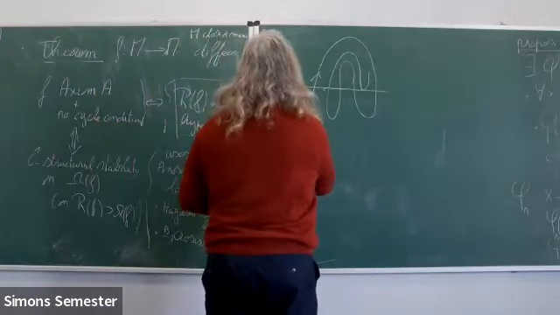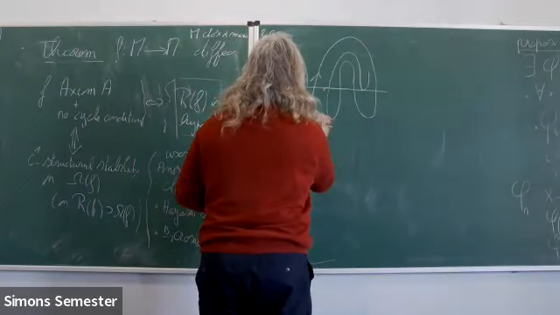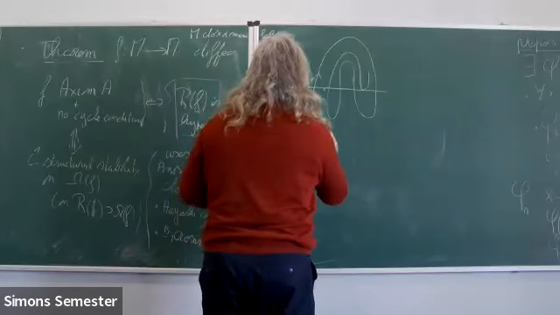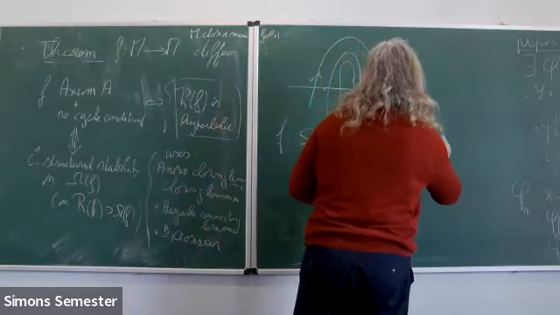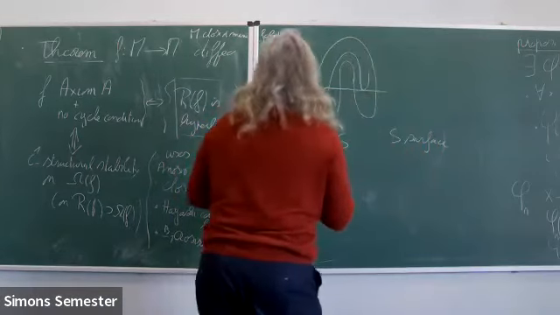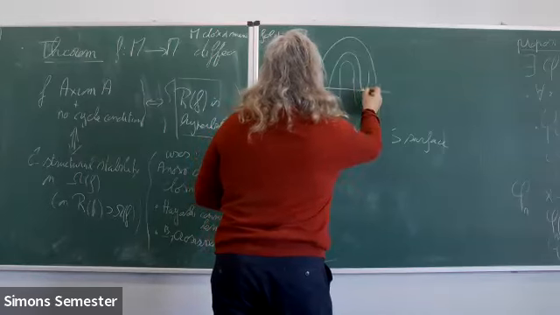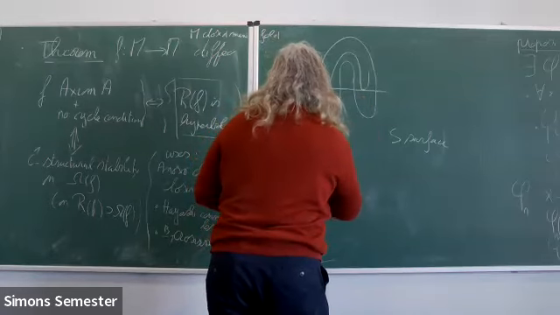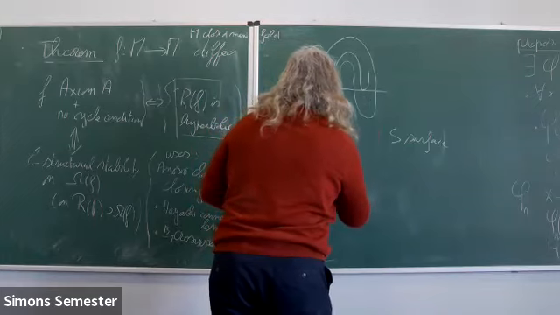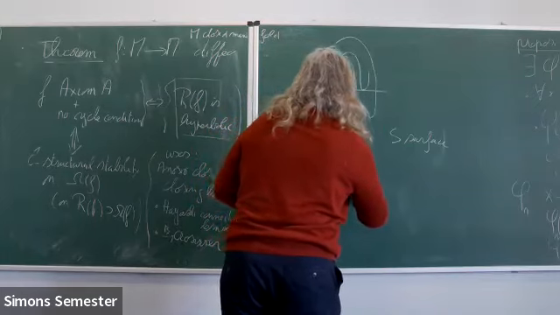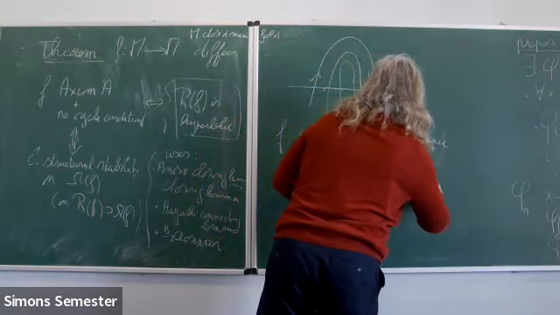So let F from R2 to R2, let's say, or well, from S to S, a surface, and you assume that F displays a homoclinic tangency.